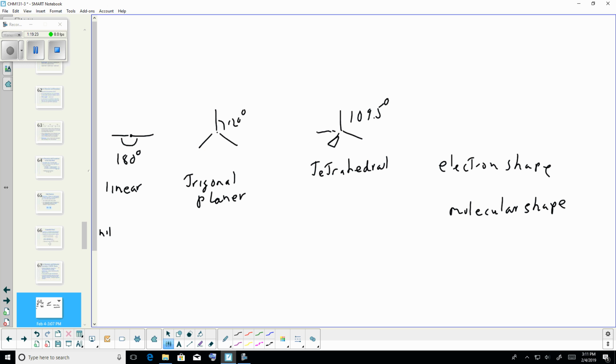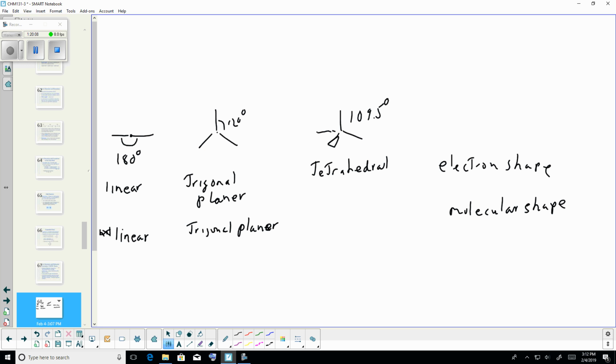So for linear, I have an atom on each end. Its shape is still linear. So for trigonal planar, I can have an atom on each. So the shape is trigonal planar.